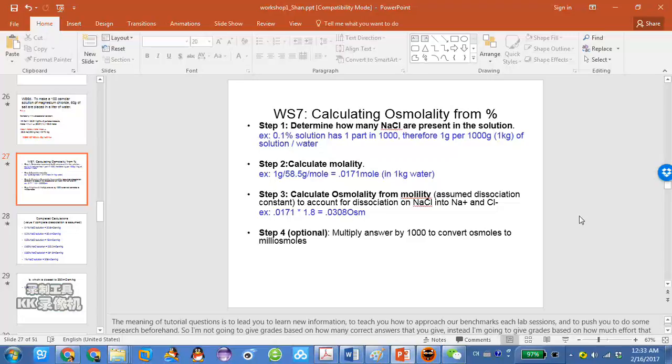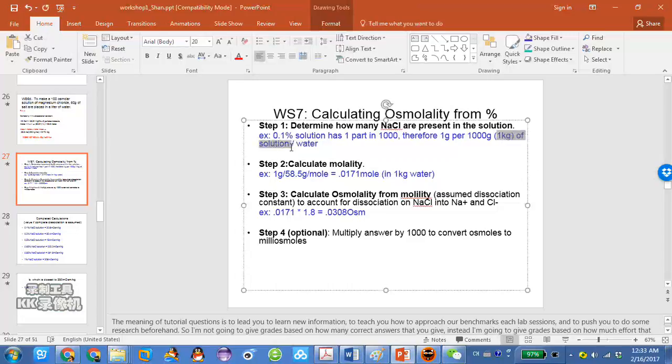And we also mentioned that if the solution is very dilute, we can assume that the weight of solution, in this case 1 kilogram, is the same as the weight of solvent, which is water. So we can assume that in 0.1% NaCl solution, we have 1 gram of NaCl in every 1 kilogram of water, which is the solvent.